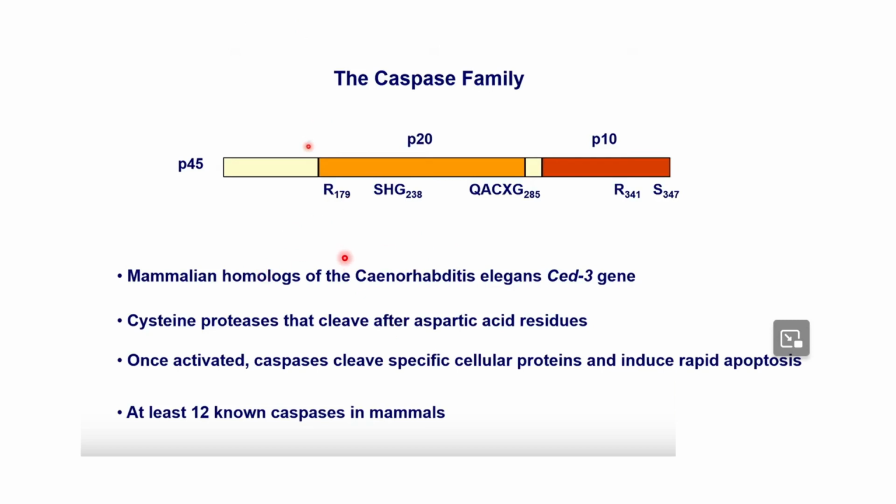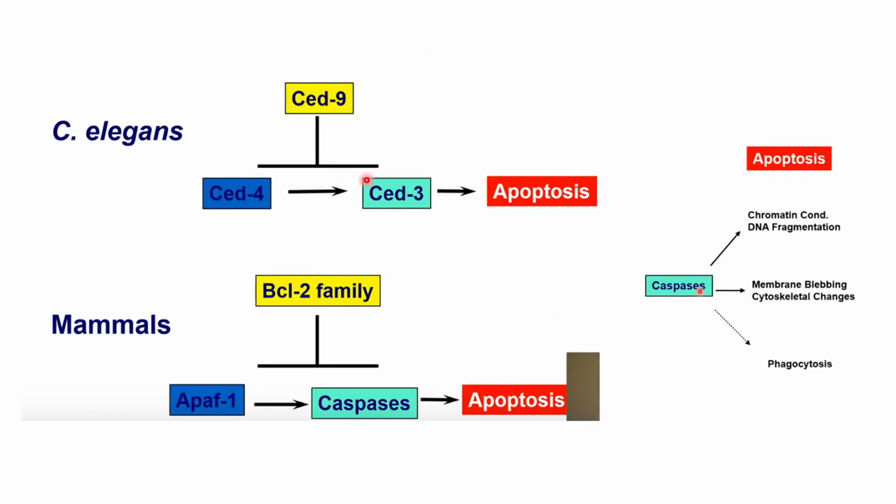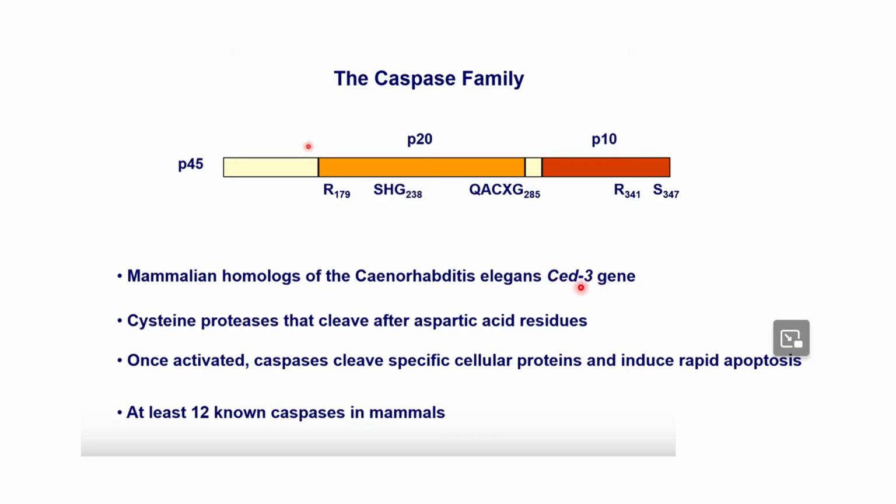So if we talk about caspase now, caspases are the mammalian homologs of the CED3 gene, okay, which is found in C. elegans. It is a cysteine protease that cleaves after aspartic acid residues, so aspartic acid residues on the target protein.